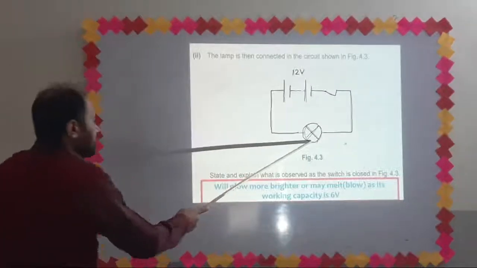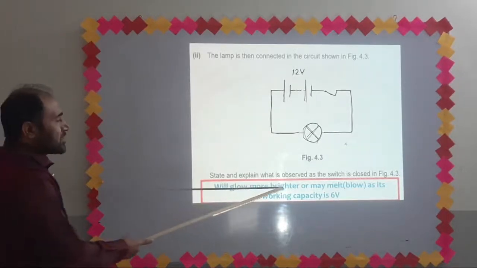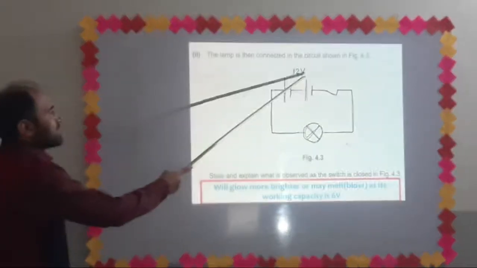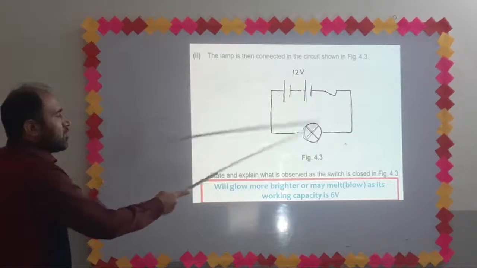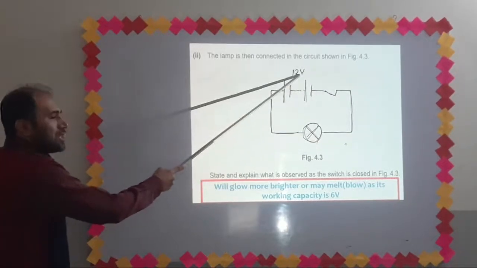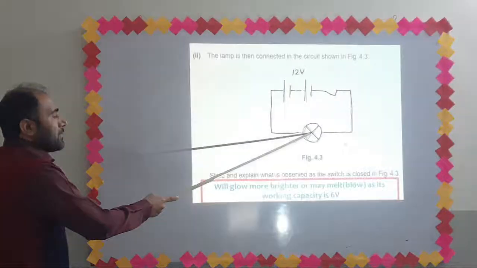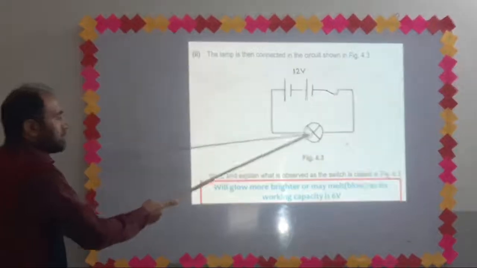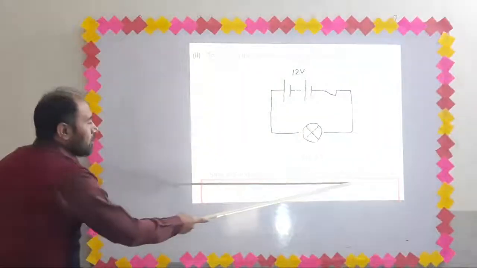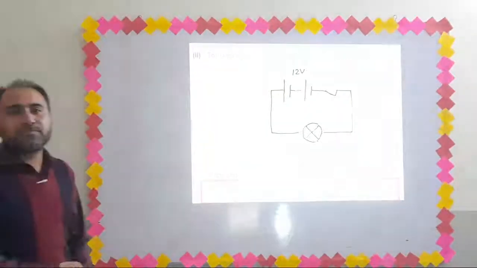One possibility is the bulb will glow brighter if you have increased the voltage more than its marked voltage. If you have increased the voltage more than the voltage bearable to this bulb, the bulb may melt or blow, and its working capacity is 6-volt.